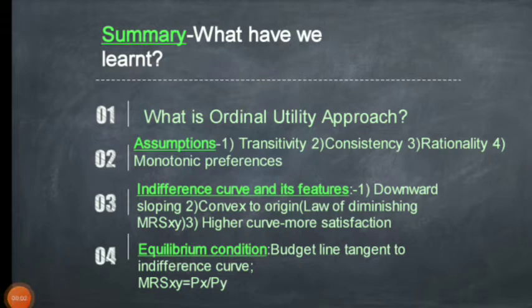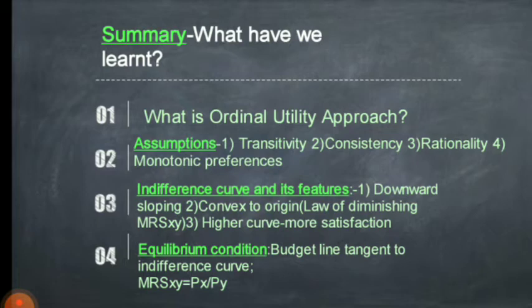Now let us summarize what we have learned in this lecture. First, we learned what is this approach. This approach is called ordinal utility approach. In this approach, the consumer will rank the goods based on the satisfaction that he has derived. Next, we came to the assumptions of this approach. Basically, they are transitivity, consistency, rationality, and monotonic preference.